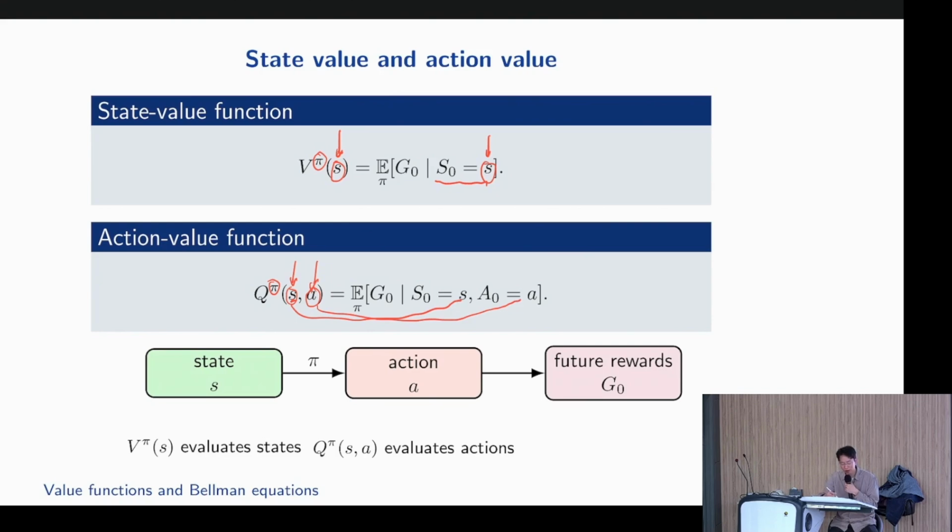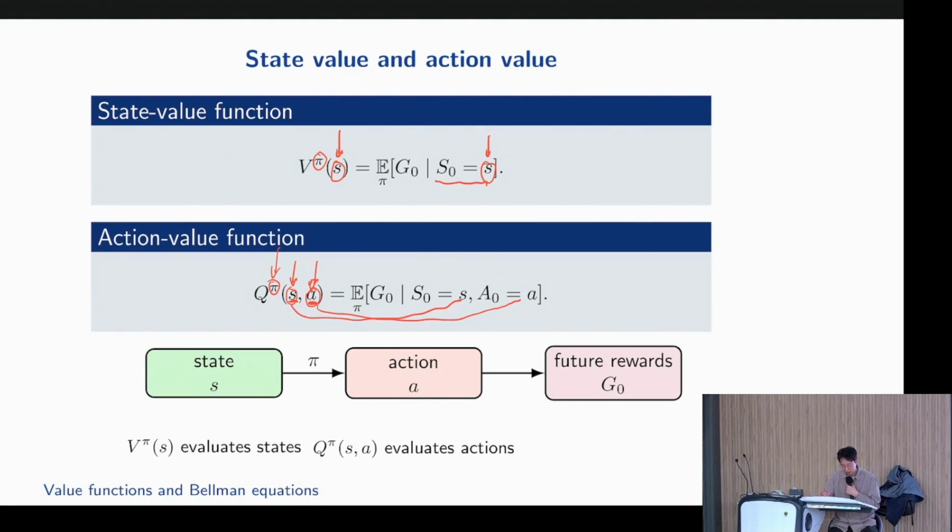So once you execute the action, you're going to follow the policy. This action here, this is only for the immediate state S. So you're in state S, you're going to commit to executing action A, and ignore the policy for now. And then environment is going to transition you to the next state, and then onwards you're going to follow the policy. What is the expected return if I do that? That's the action value function or Q function.